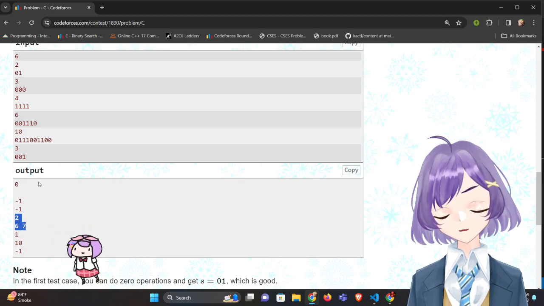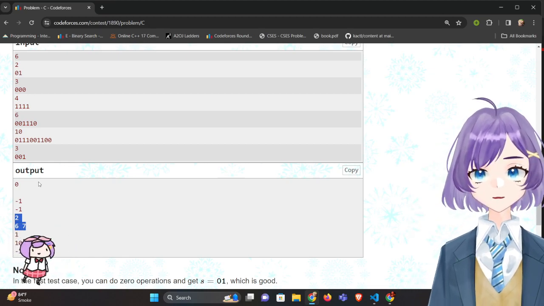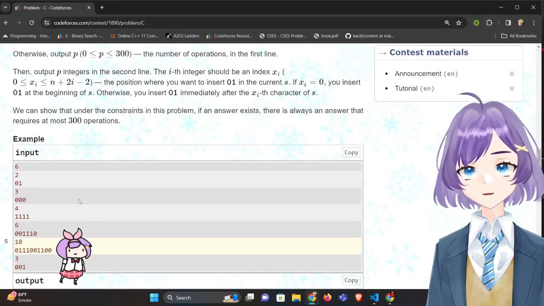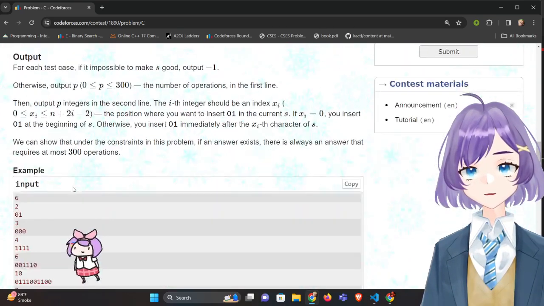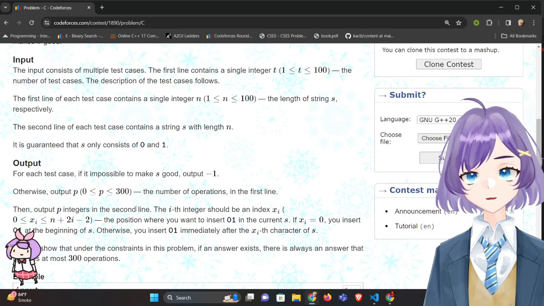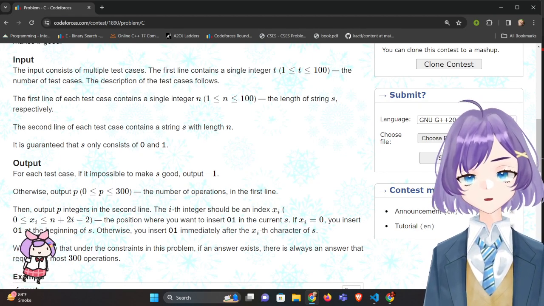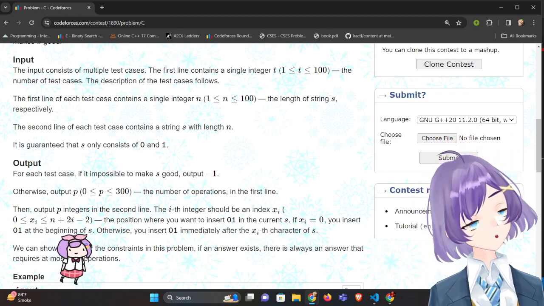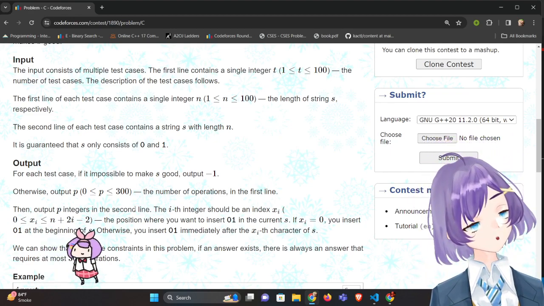Let's say I have a pointer I and a pointer j. I goes from 0 to n minus 1. J goes from n minus 1 to 0.